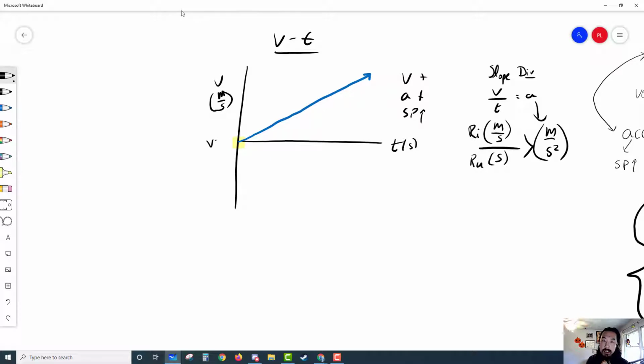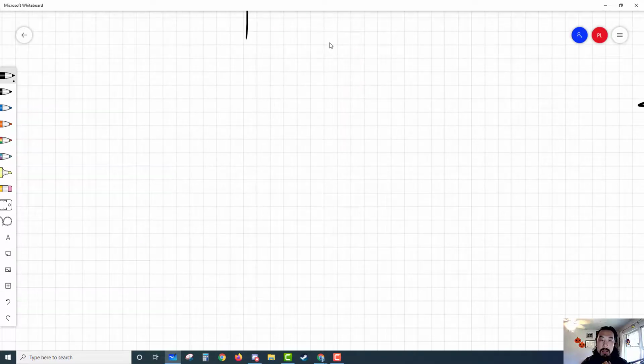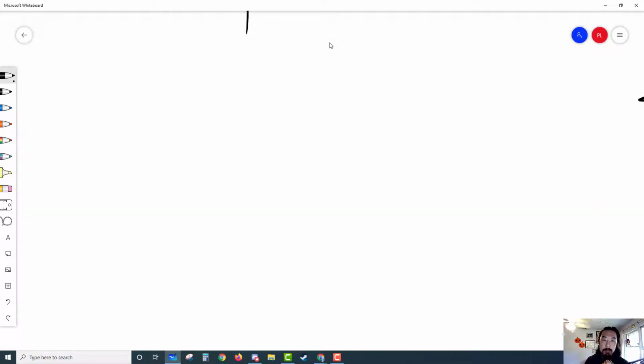That means the object is not moving at all. And if the object is not moving, but after a certain period of time, we'll call this TF for T final, the object is moving with a certain amount of velocity, that means that it's sped up, right? So we start off with no velocity, but we end up with some velocity, it's sped up, okay?